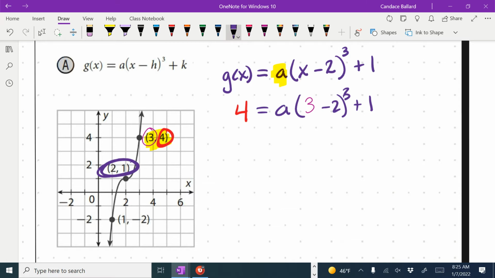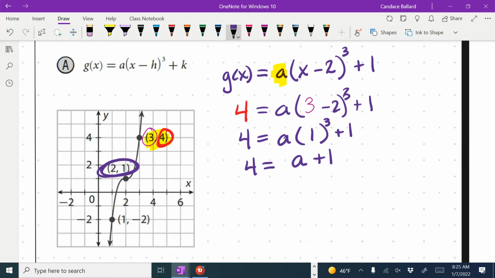So now it's arithmetic solving for a. All right, so we've got 4 equals a. What's 3 minus 2? 1. We got nice and lucky on that one. All right, what's 1 cubed? 1. Do I really need to write 1 in front of the a or next to the a? I probably don't, right? I can just leave it a.